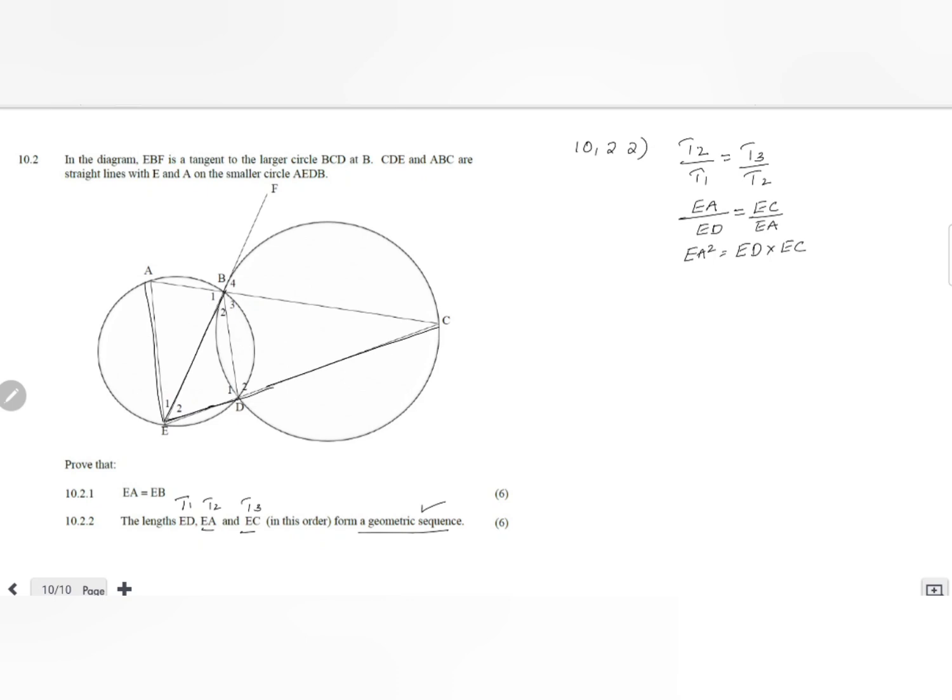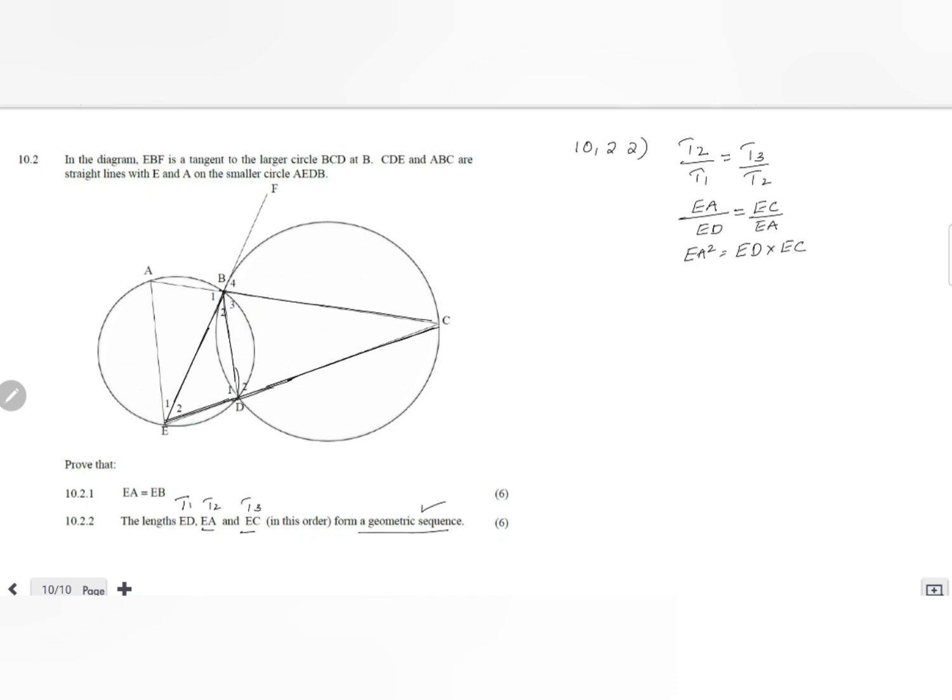So I'm just taking the triangle EDB and ECB.